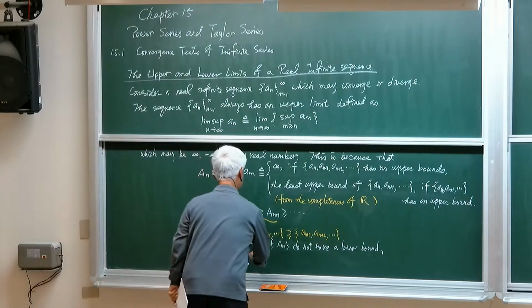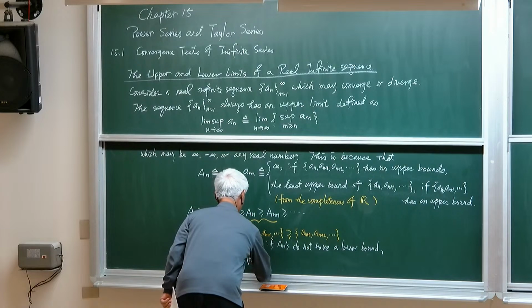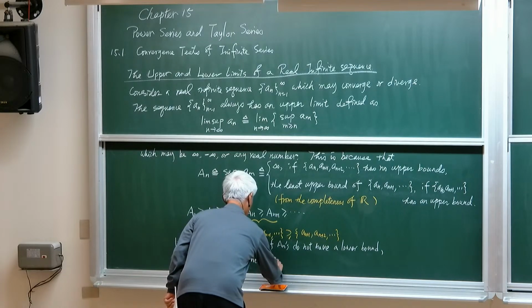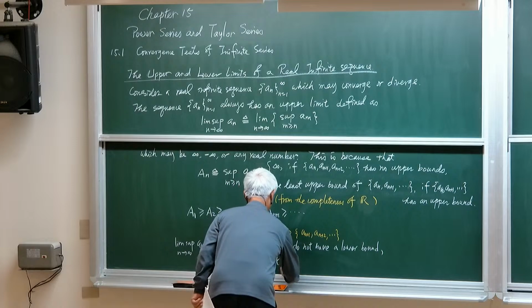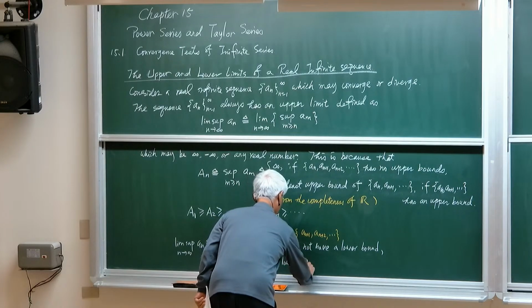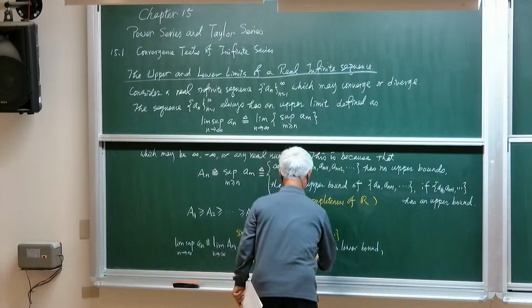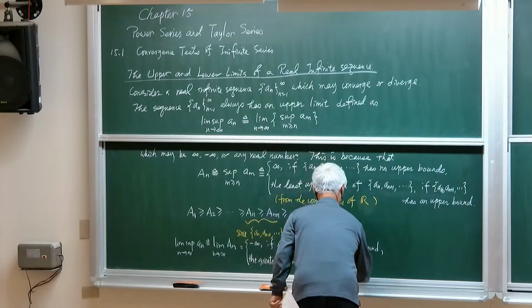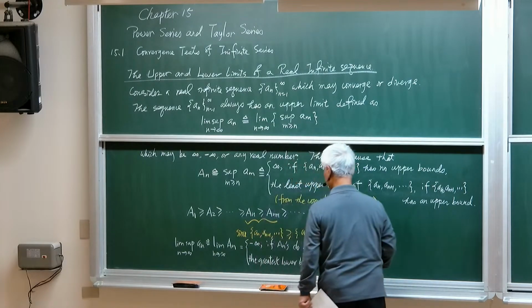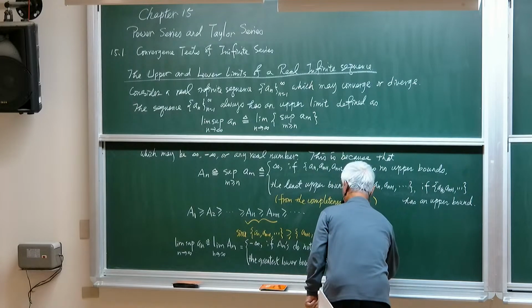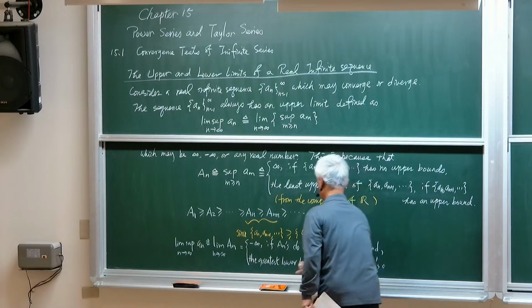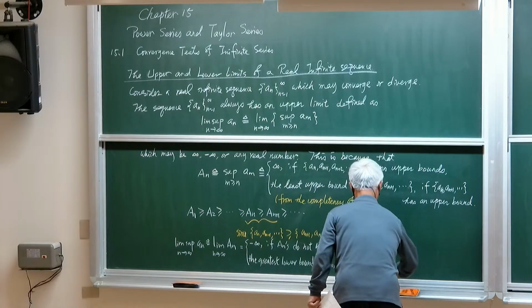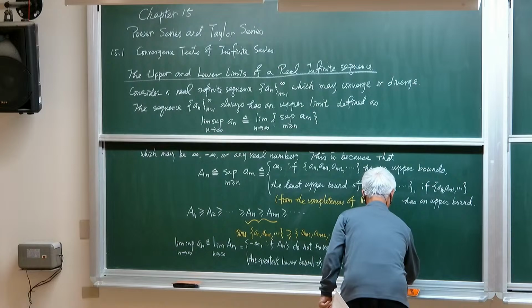And it is equal to the greatest lower bound of A_1, A_2, etc., if the A_n's have a lower bound.